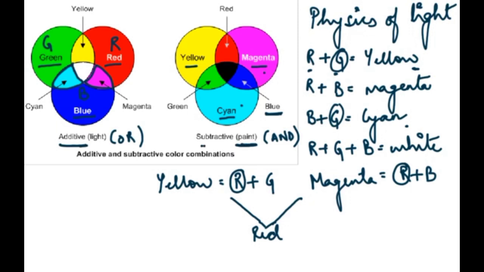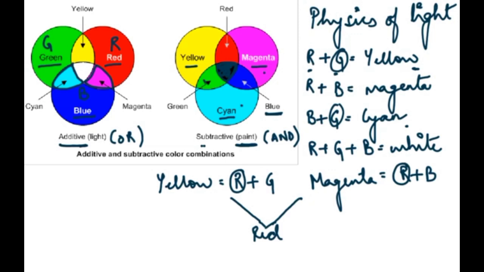This is the reason when you add all the three primary paints, you are getting black color, because in all the three colors you have RGB all common. If you add yellow, magenta and cyan, you will have RGB all the three colors, and when RGB all the three colors are combined, you get black color.